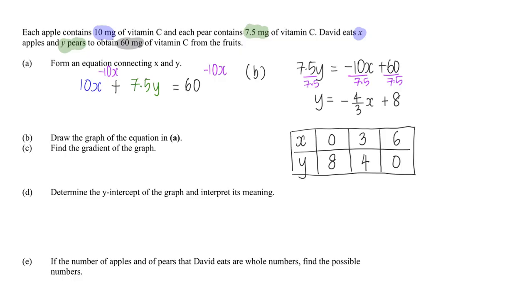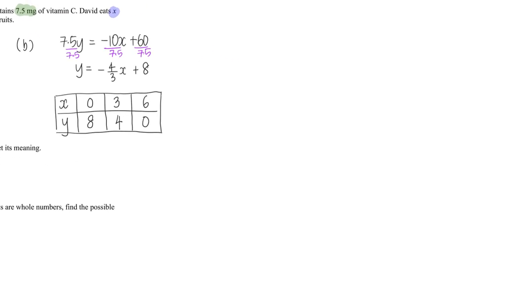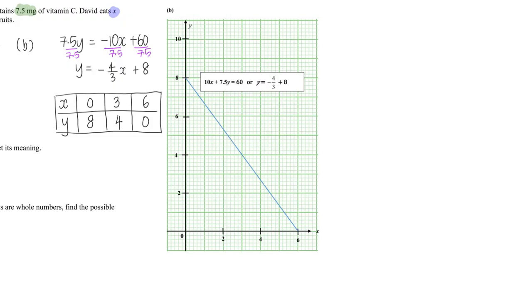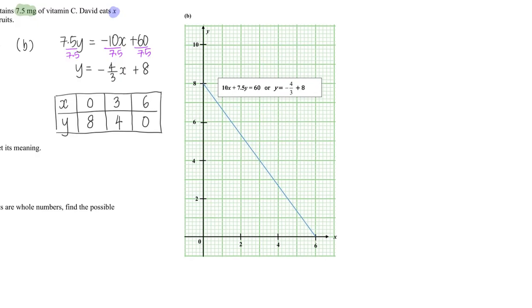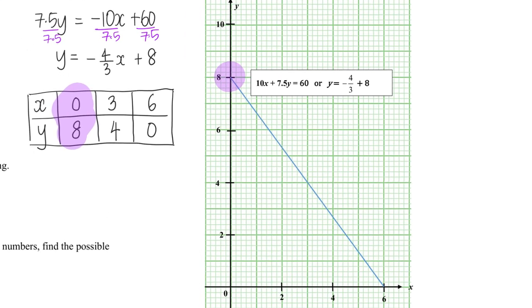Now, with this table of values, it is very easy for me to complete and draw this particular graph, where I have x is 0, y is 8 here.